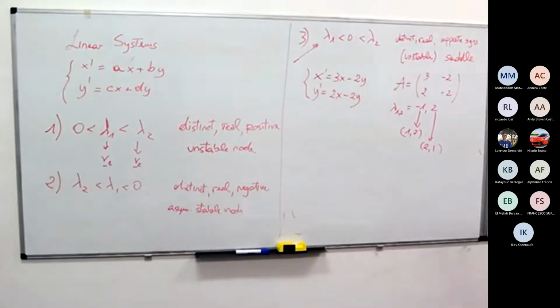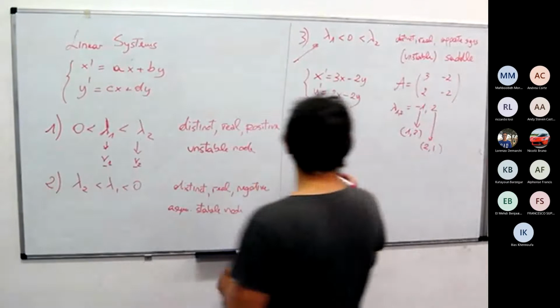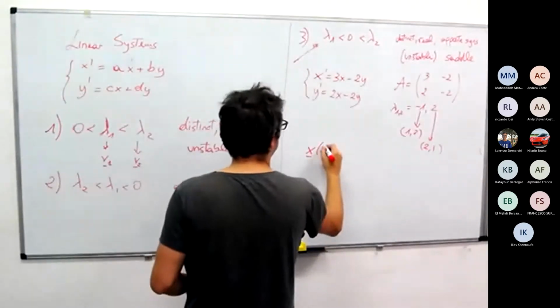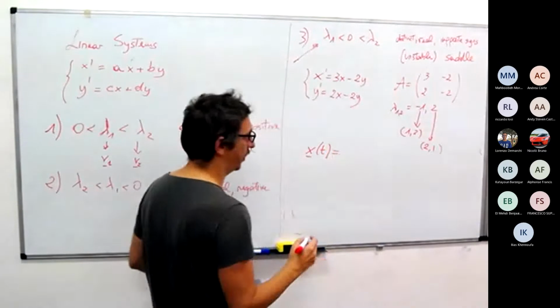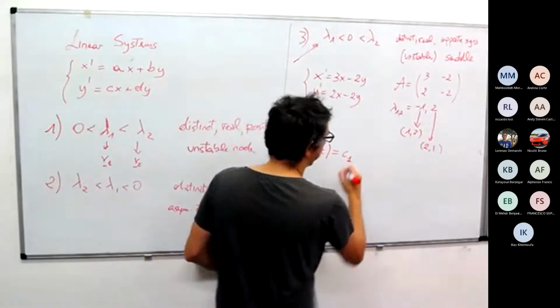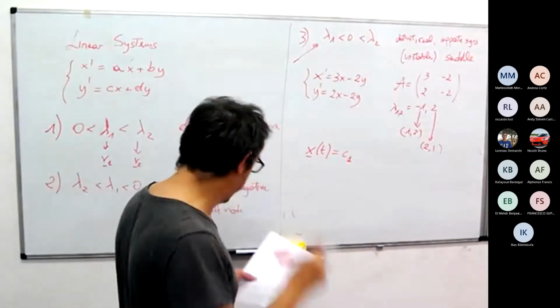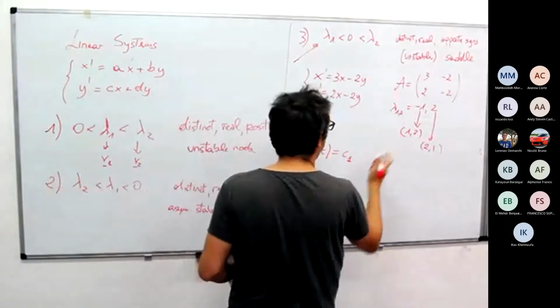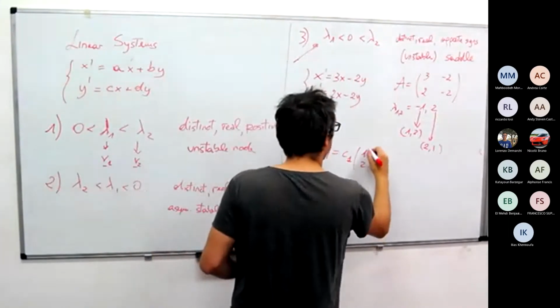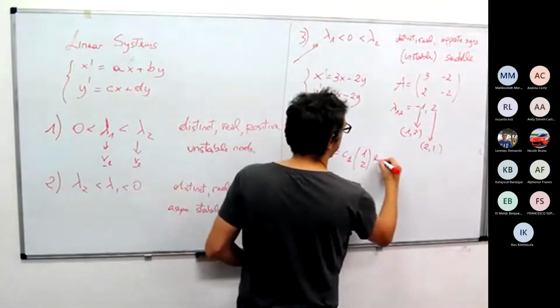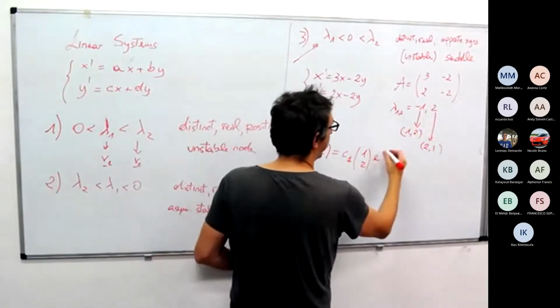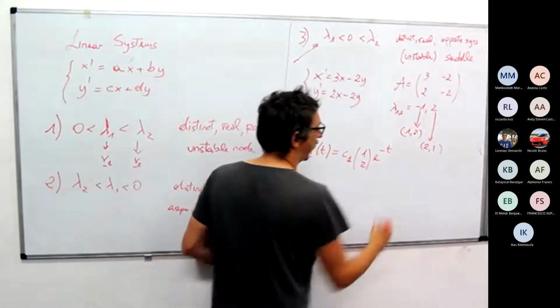What's the general solution then? The general solution at t, well, all the same story, guys. This is equal to some constant c1 times the first eigenvector 1, 2 times exponential of the first eigenvalue minus 1 times t.